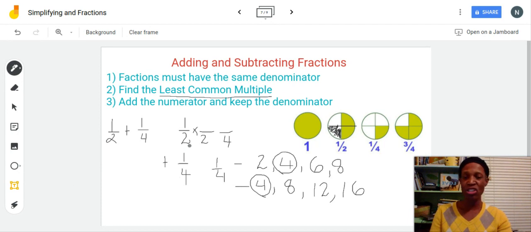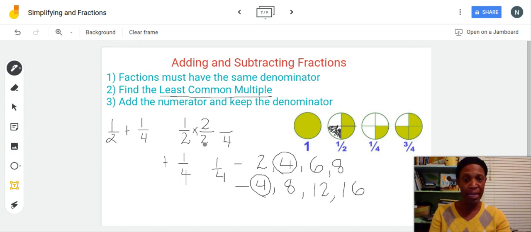Now, I can't just multiply the denominator by 2. That'll change the fraction into a different fraction. But I want to keep 1/2 as 1/2. So that means I have to multiply the numerator and the denominator by exactly the same amount.